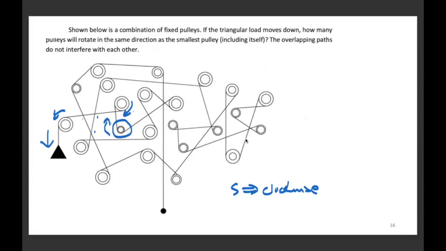So now we'll start from here. In which direction will other pulleys rotate? This will rotate like this, like this, like this. And this will rotate like this. Because of this, this will rotate. We draw here only. Like this, like this, like this.